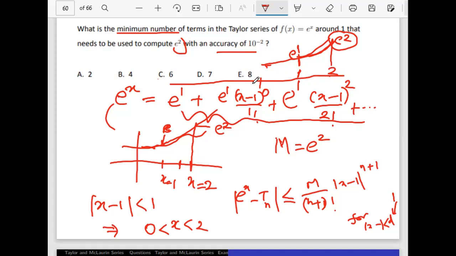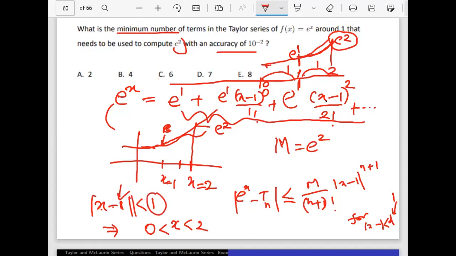Here we just consider this interval. This is your 0, and this is the center, and the radius is 1. So this is the center, and this is the radius 1.